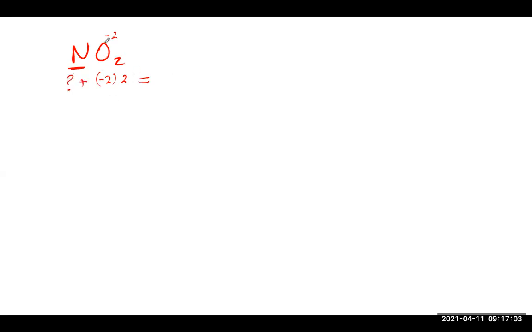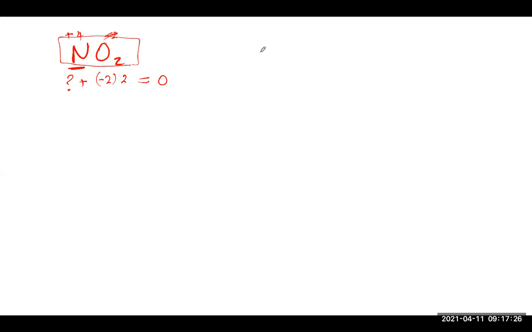This is a compound, and we didn't find any charge, so it is not an ion. The sum of the oxidation numbers should be equal to 0. So 2 oxygen, each -2, plus nitrogen equals 0. It means that nitrogen should be +4.